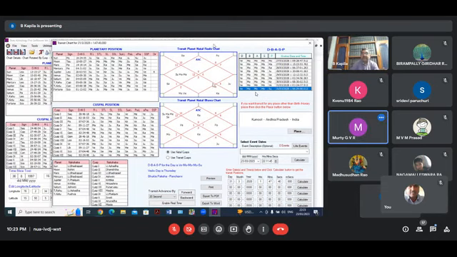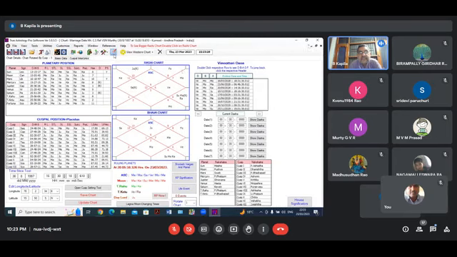Venus, Moon and Sun. And Sun we have already studied. It gives us 5, 7 and 11. Am I right? Yes, sir.